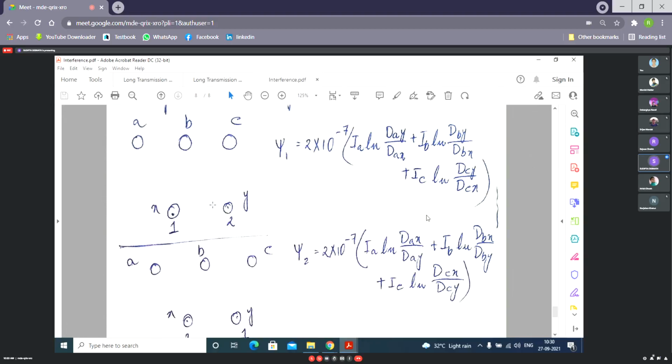So considering both positions, we will have half of Psi1 plus Psi2.